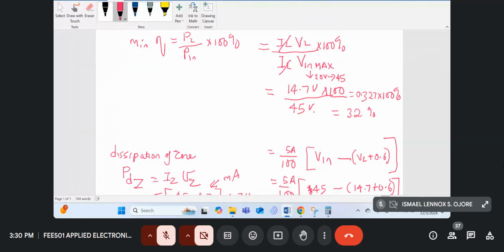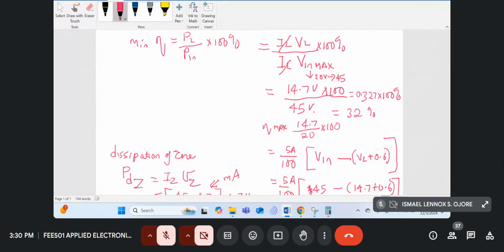As the minimum efficiency. To get the maximum efficiency, you just change the Vin max to be 20 volts. So the maximum efficiency will be 14.7 divided by 20 volts times 100. This is eta max.